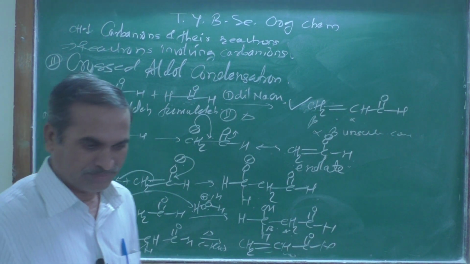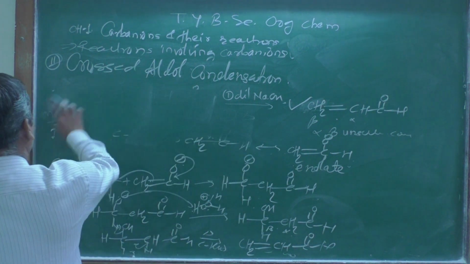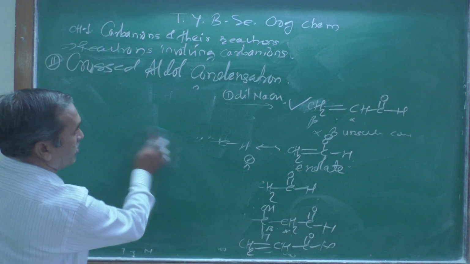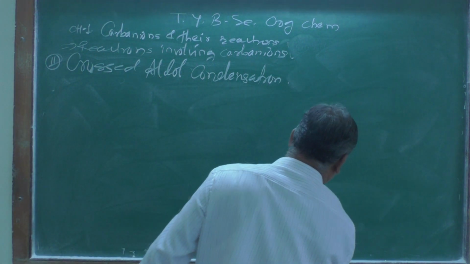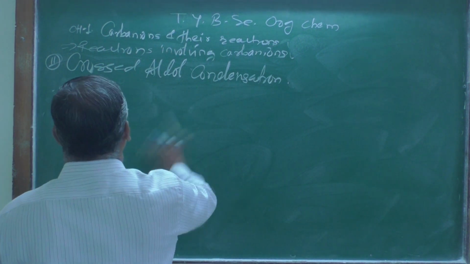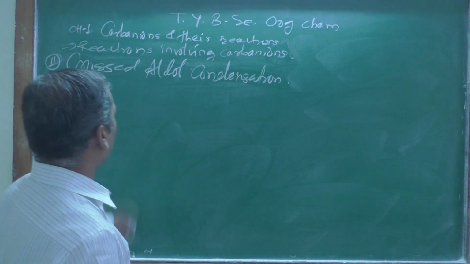Now I am going to give some more examples, so that you know the mechanism very well. I think now you can just predict the product over here, and synthetically it is a very important step from the organic chemist's point of view, because there is a formation of the alpha beta unsaturated compound.